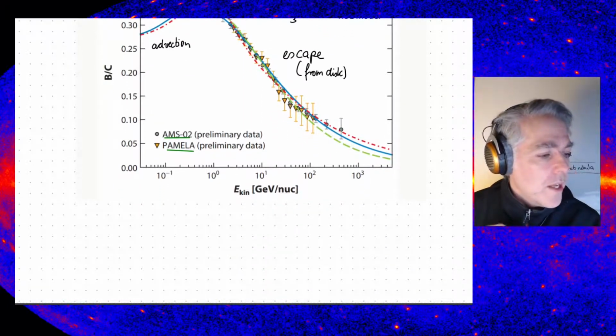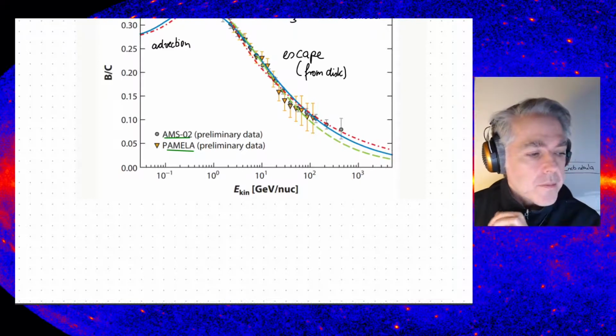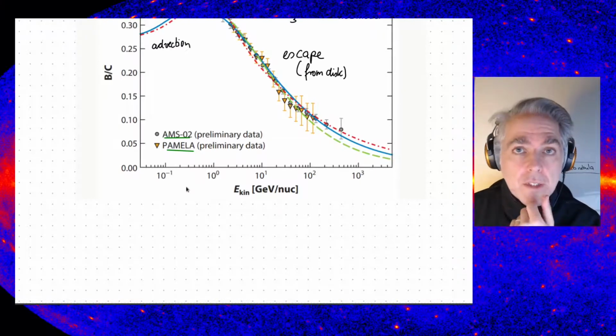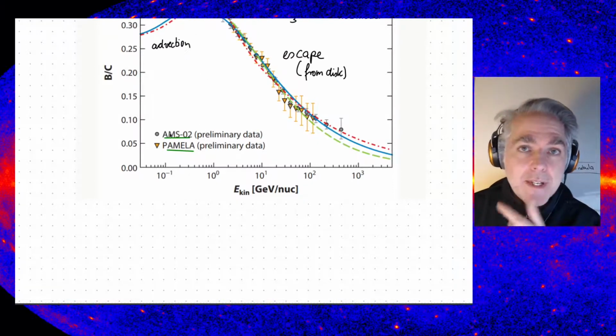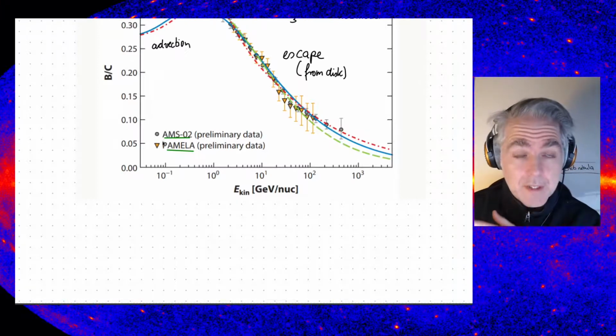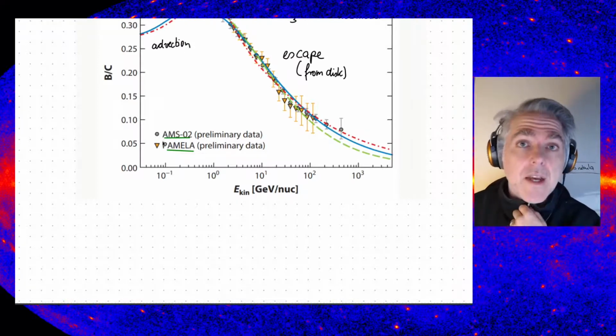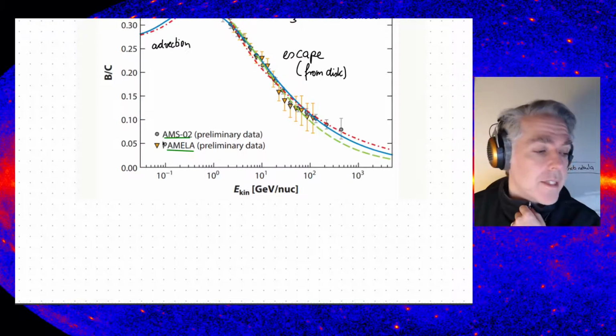Let's assume we not only have the interaction, but also escape. Then we can put our little equation up again, the one slab model, but now we assume that there's a particular slab length which corresponds to the escape of particles.